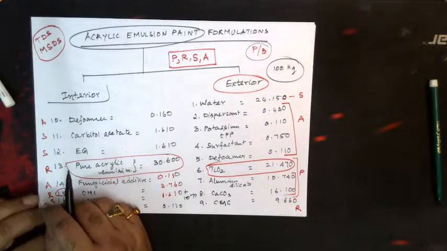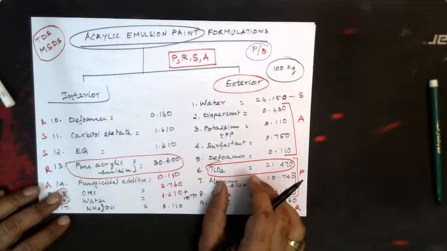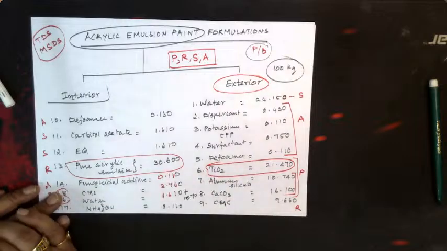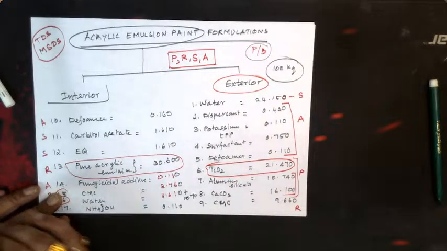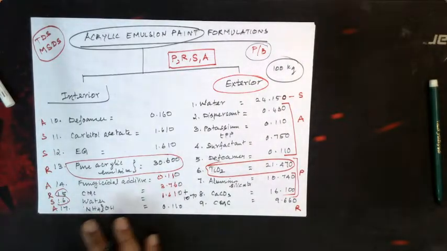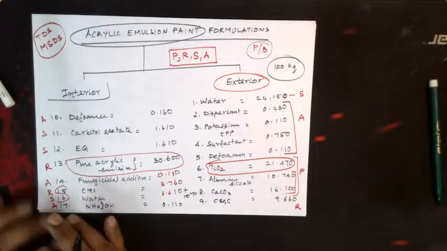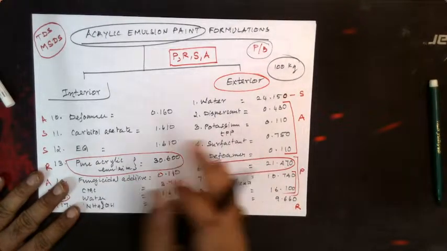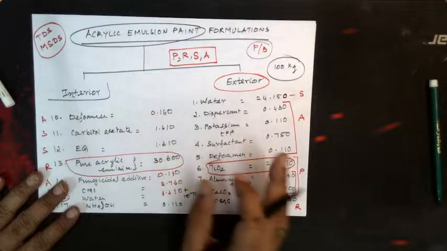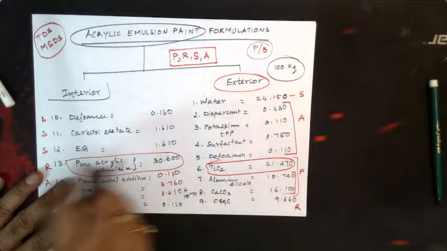Okay, so if you want a matte finish, then the binder ratio should be less. If you want a glossy finish, the binder ratio should be more. If you want in between, semi glossy or satin finish, the binder ratio should be optimum. I think I already discussed the pigment binder ratio for different types of finish. Based on that you can arrive at the formula also.